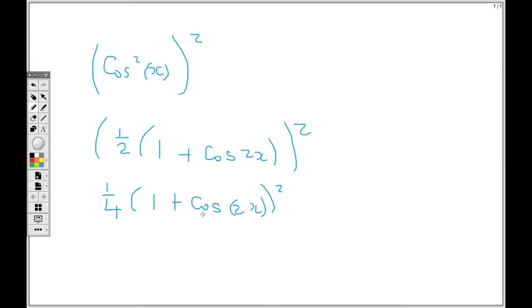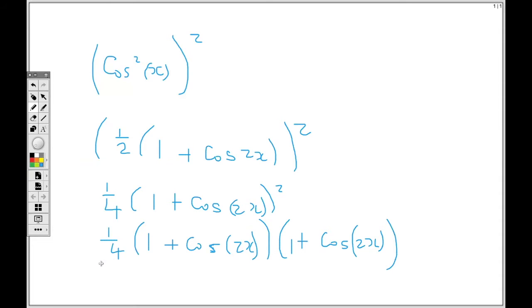So expanding it, what we'll have is a quarter, open bracket, 1 plus cos 2x multiplied by 1 plus cos 2x. So the cos 2x all squared is just multiplying it twice. So now we're going to expand.